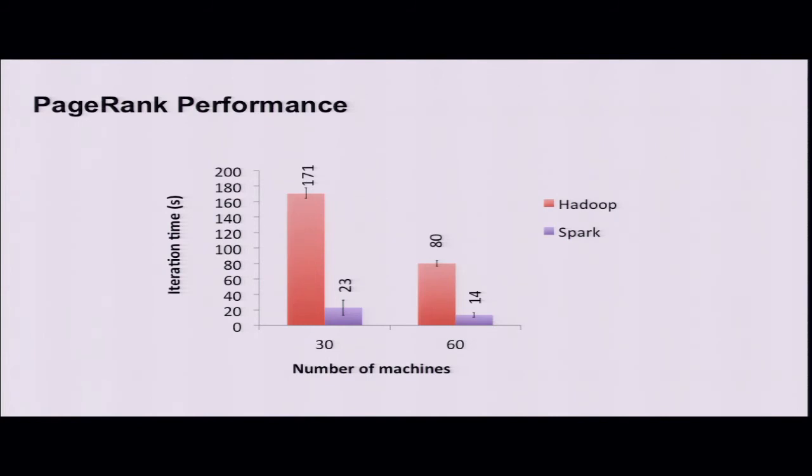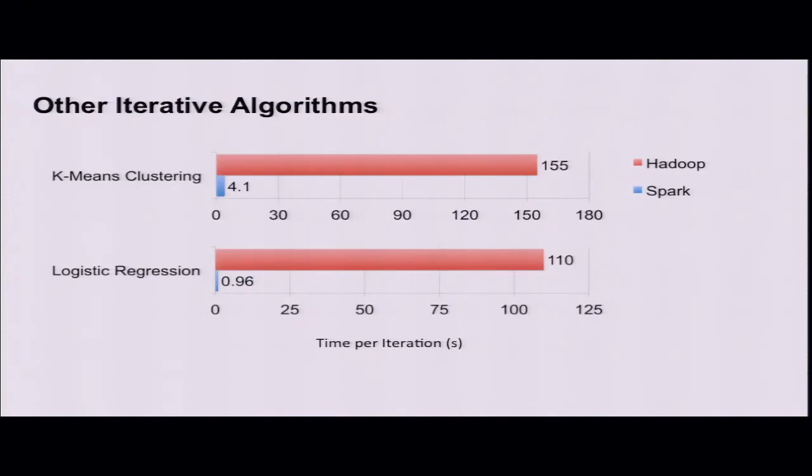And it turns out that, as you may expect, it performs very well. Here is a comparison between Hadoop and Spark for 30 and 60 machines, across a number of iterations. This is the PageRank algorithm, and these are two other simple machine learning algorithms, k-means clustering and logistic regression. For clustering you have an improvement of close to 40 times, and for logistic regression you have over 100 times.